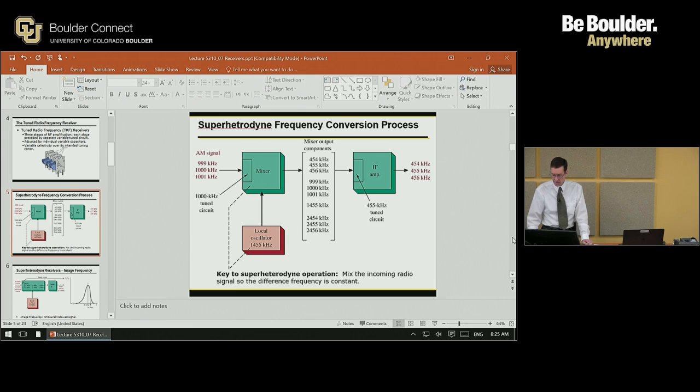And then I get the sum frequency. In other words, if I add the 1,000 to the 1455, I get 2455. So I get the sum and difference frequencies, my original frequency, and the local oscillator frequency. I get all 4 of those, and then they feed into the IF, the intermediate frequency amplifier, and it's tuned to receive the 455, so the output is 455 and the frequencies that are nearby.